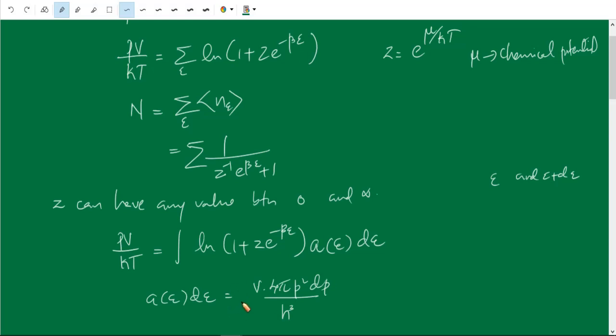Because of internal structure, there will be an additional weight factor, that is, we have to multiply with g. g is the degeneracy of a level. So g times V 4π p² dp.